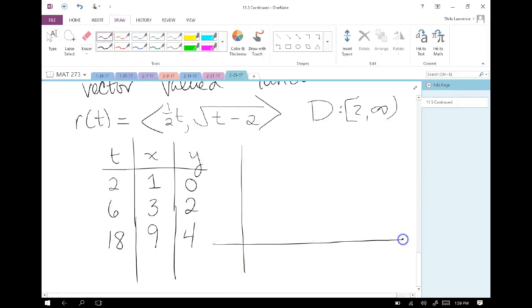38 would be another good number that would give us whole coordinates. If we plug in 38, half of that's 19. Minus 2 is 36.